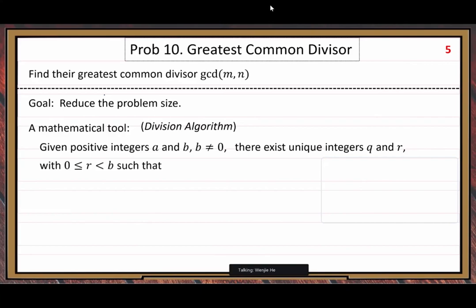So the formula is r in the range greater or equal to 0, strictly less than b, and such that a can be represented as b times quotient number q plus remainder little r.